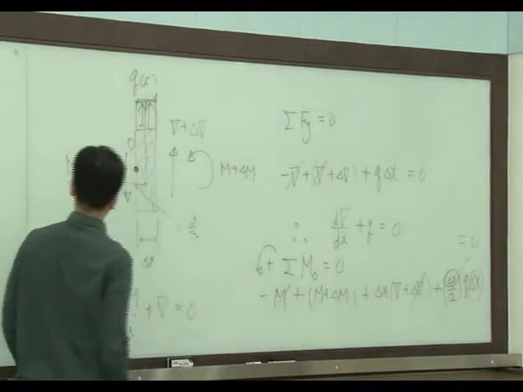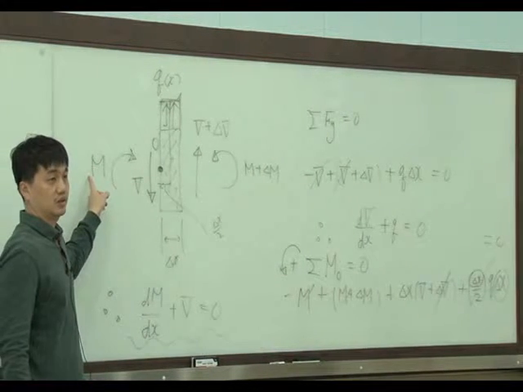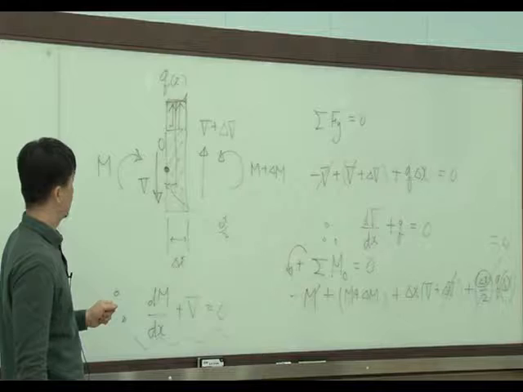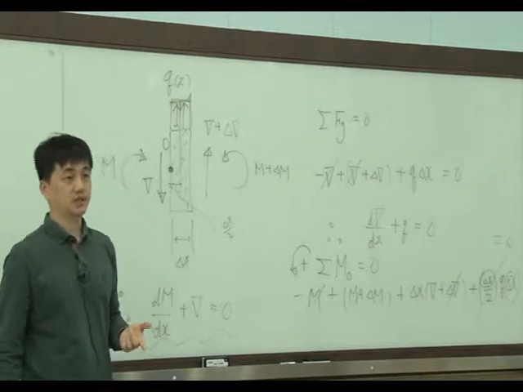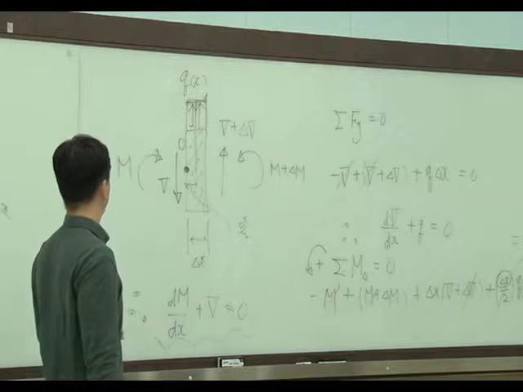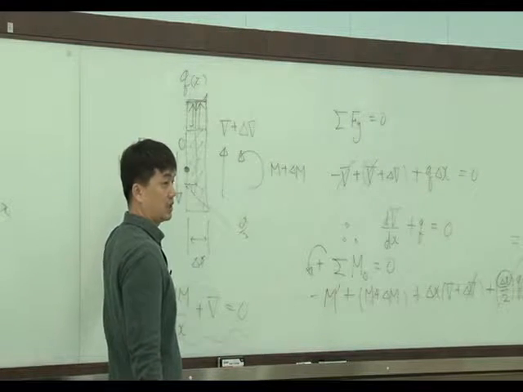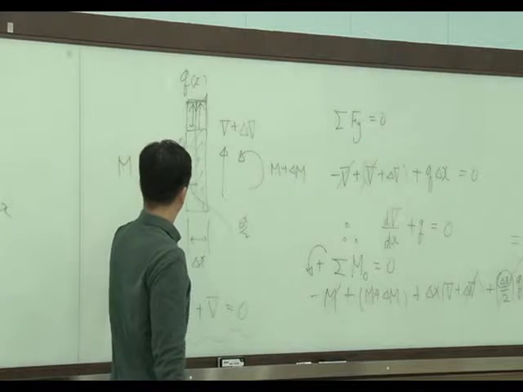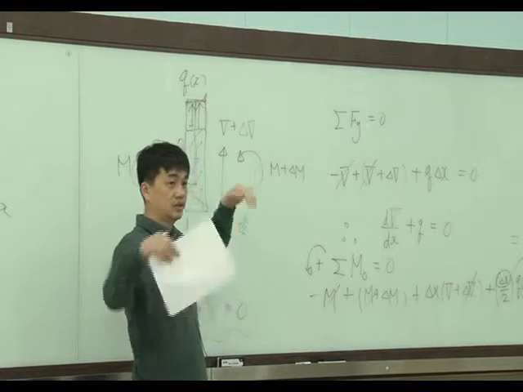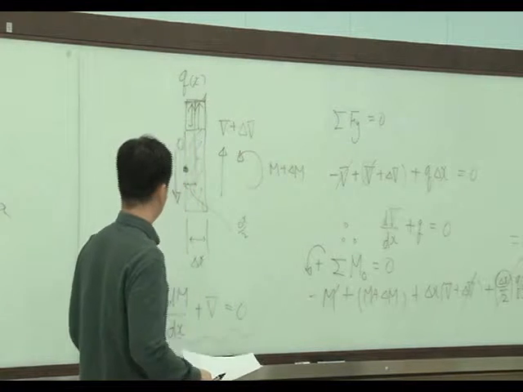So we can choose the direction of moment, but it depends on the sign convention, what kind of sign convention I have. So here I wanted to use the sign convention for this type of moment, which gives us a positive moment.